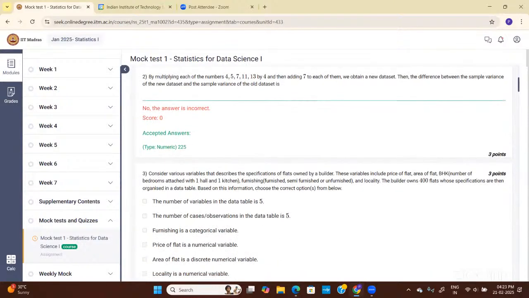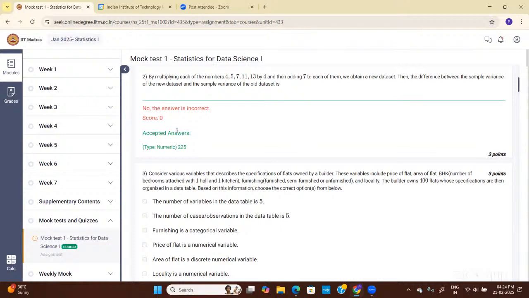What are the correct options in this question? Option number 1, third and fourth. The first option says the number of variables in the data set is 5. So what are the variables in the data set?